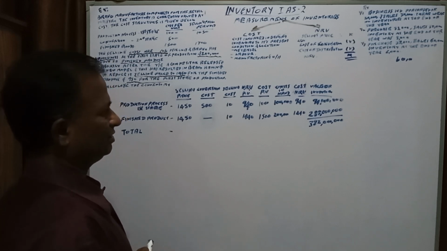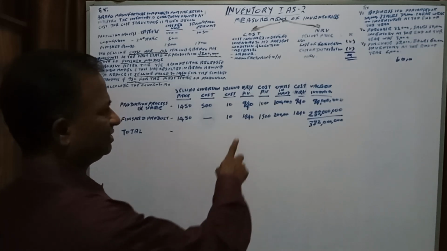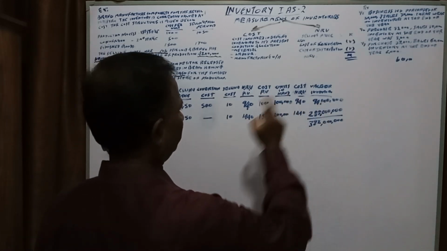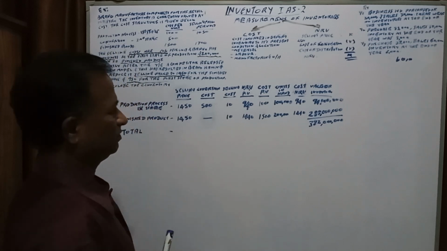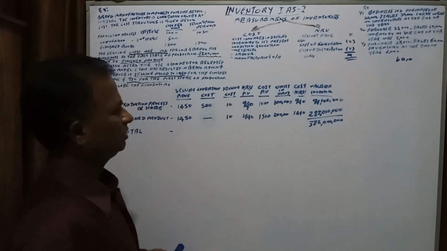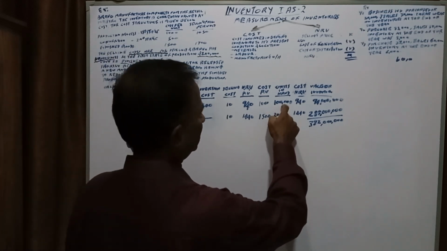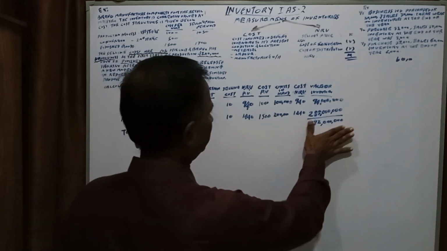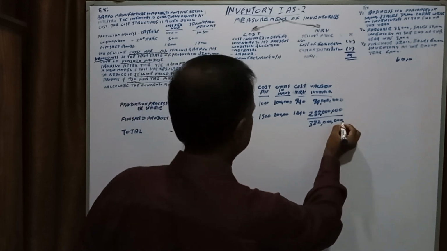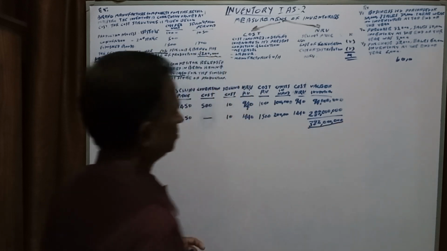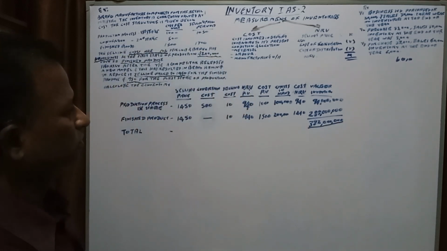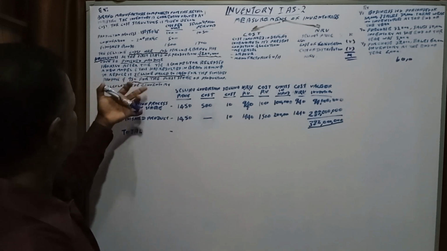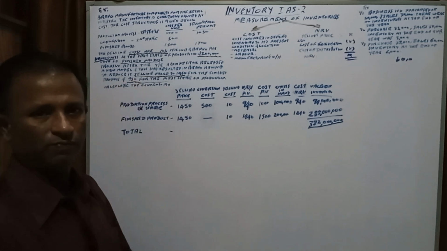That is how they would have made it. If that is the case, 3 million and 1 million, 4 million would have come. Here if they have taken this amount, then they would have arrived at this amount. 382 million should have gone to the inventory account, right?